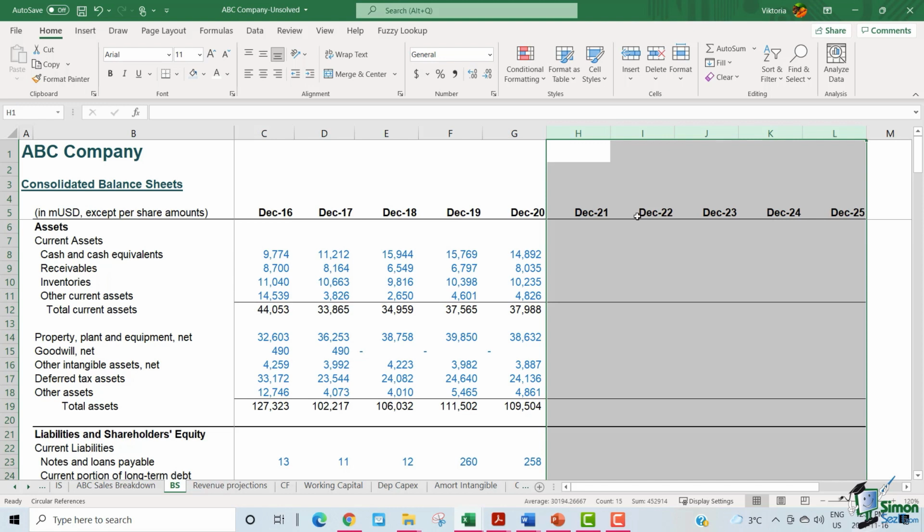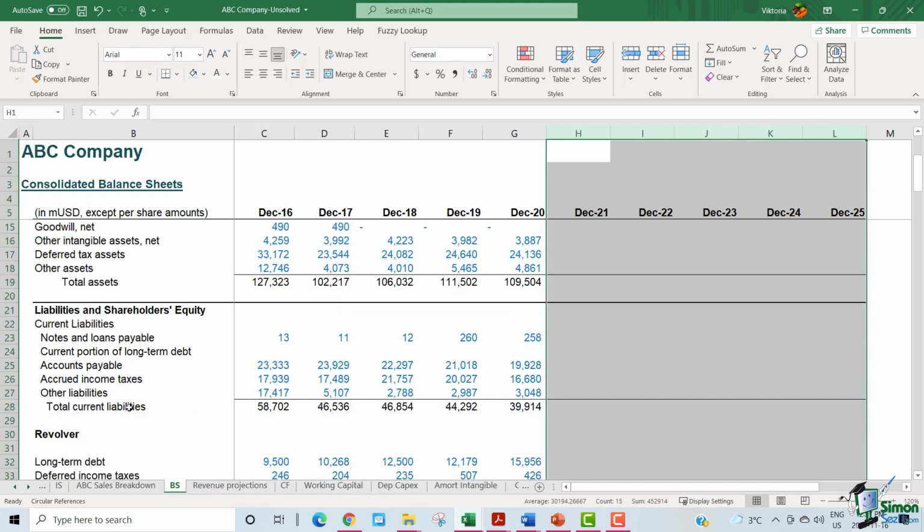To calculate the change in net working capital for ABC, we have to determine the difference between the current assets and the current liabilities in the different accounting periods. Now that we know what working capital really is, let's move to our working capital tab to forecast the current assets and liabilities for ABC.